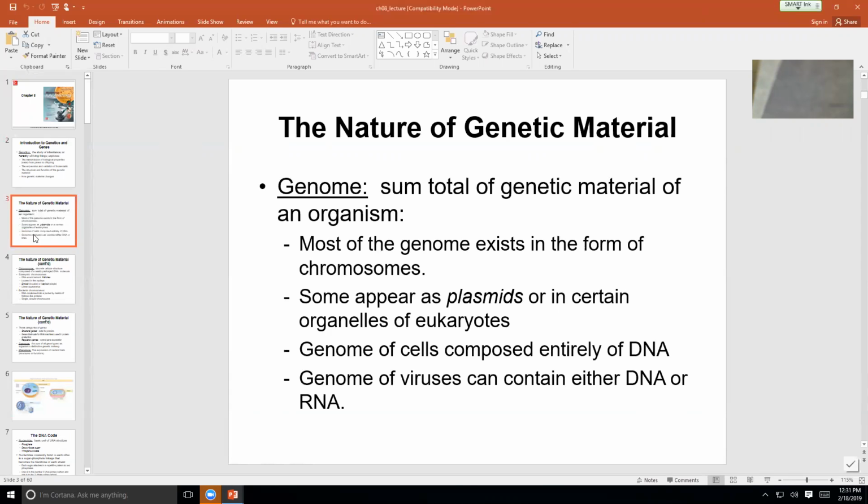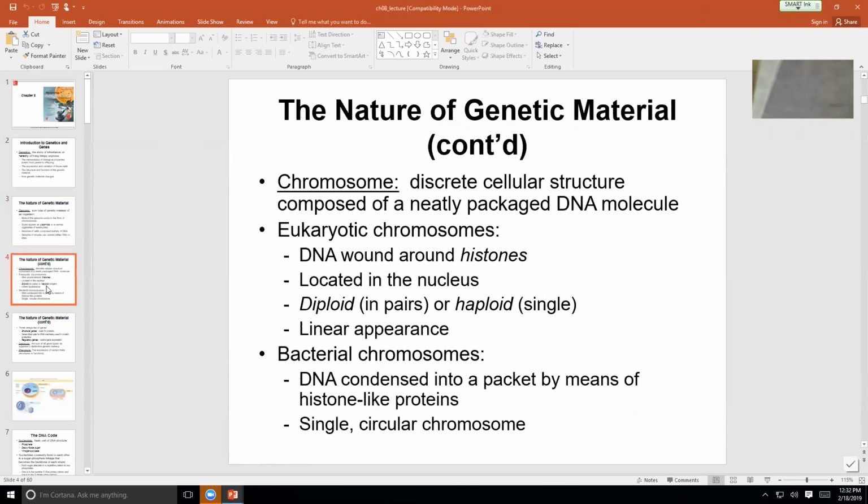And in some, way more complex, eukaryotic species, you have sexual reproduction, which means the offspring get half of their genetic information from each parent. Fair enough. We're going to talk more about it, and some of this we've even talked about in here.